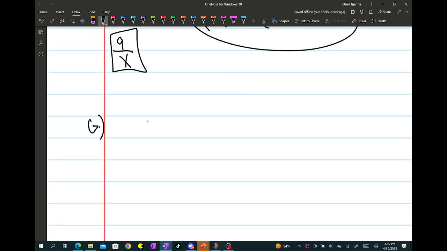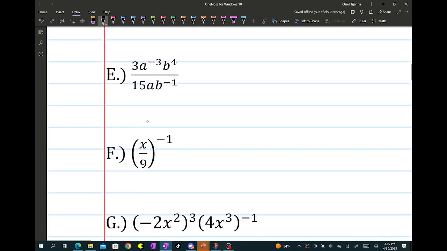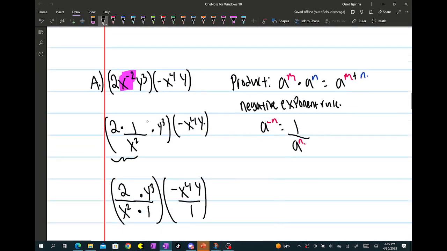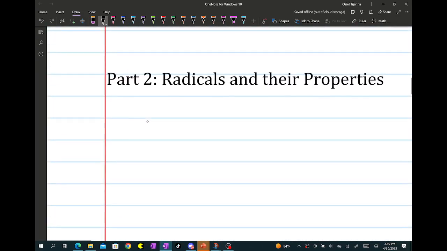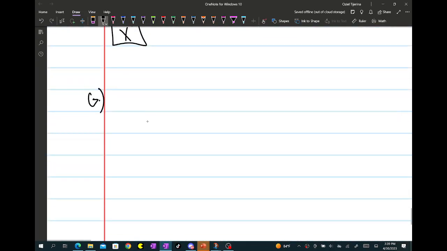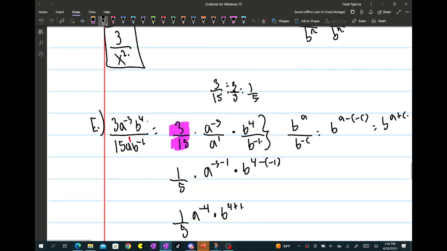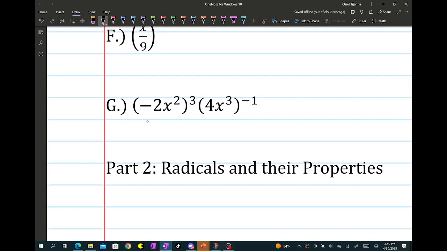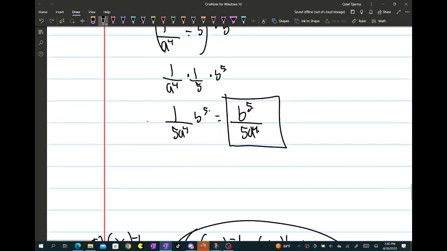Part G. Negative 2x squared quantity cubed times 4x cubed to the negative 1. Give me a second.